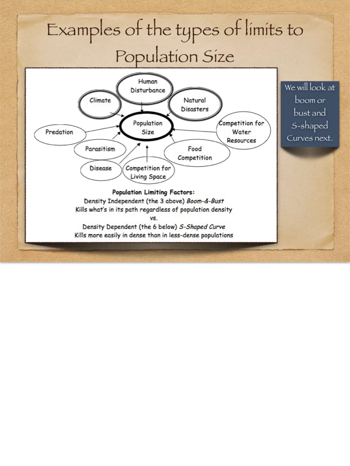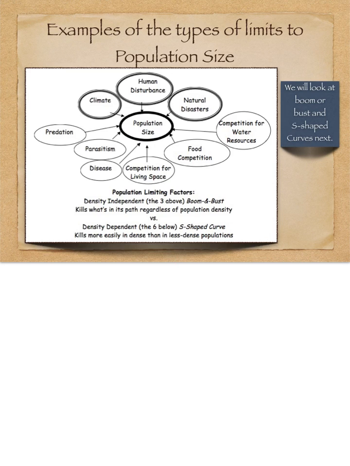So, an example of climate. Let's think about it. You get an average rainfall of 3 inches a day, let's say, in an area. If the climate changes, and now you only have a half an inch per day rainfall, then the population size is going to be impacted.